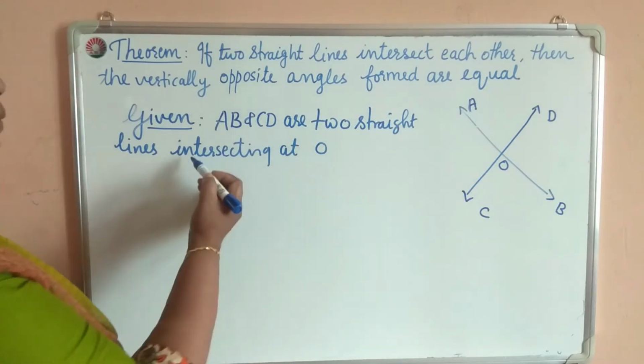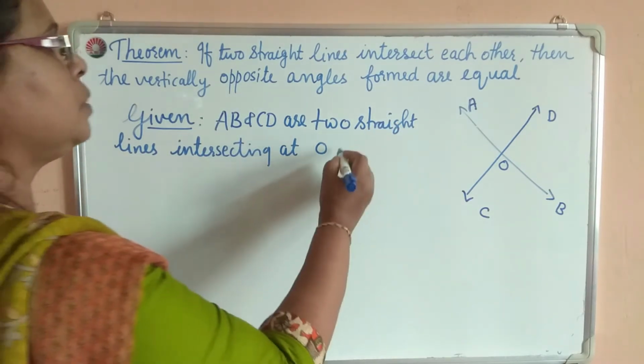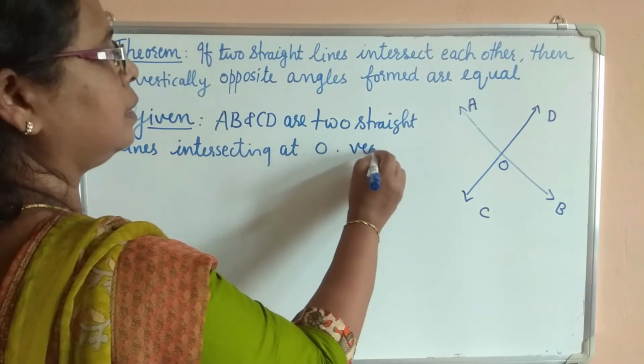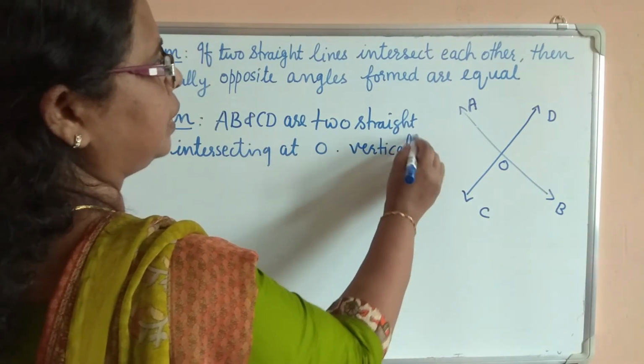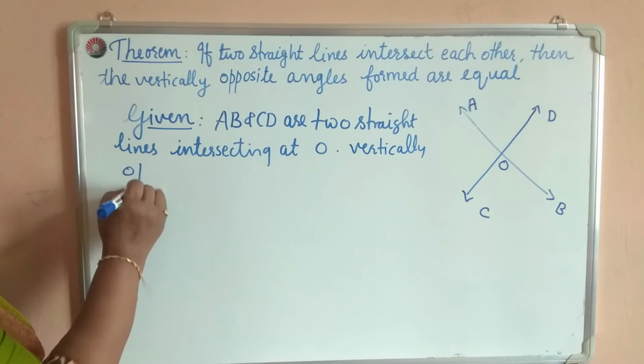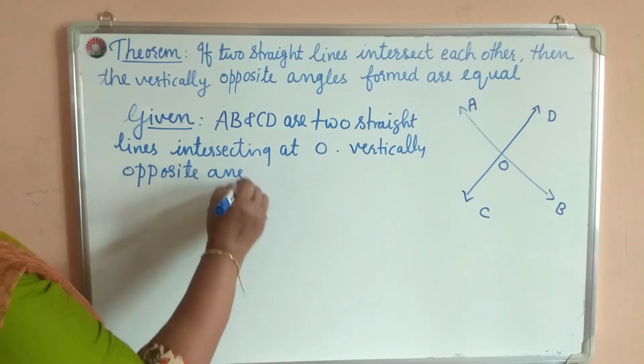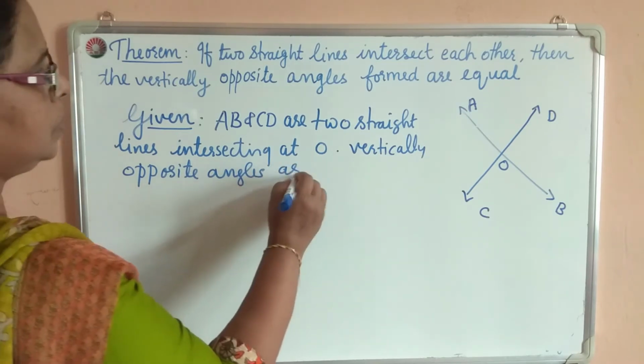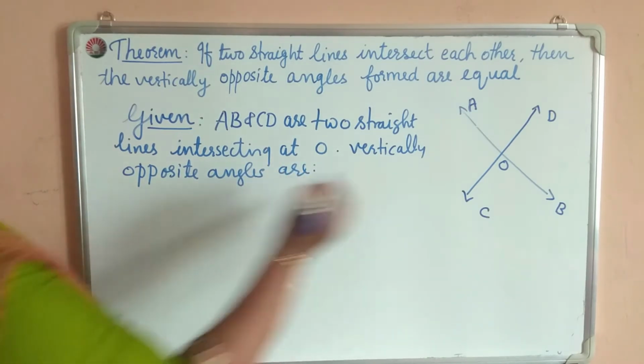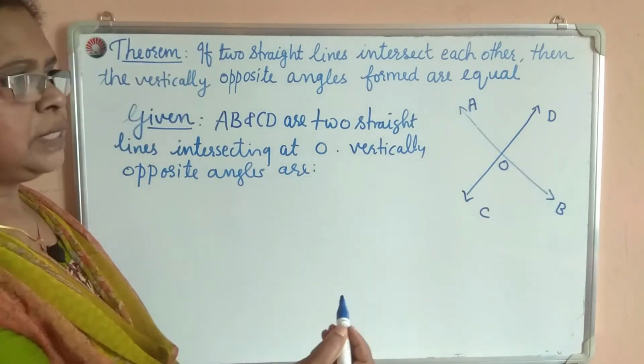That also we have to write under the title given. 2 pairs of vertically opposite angles are there.